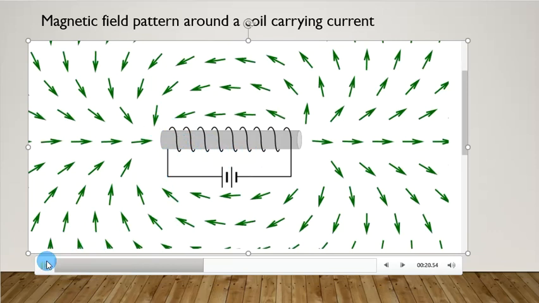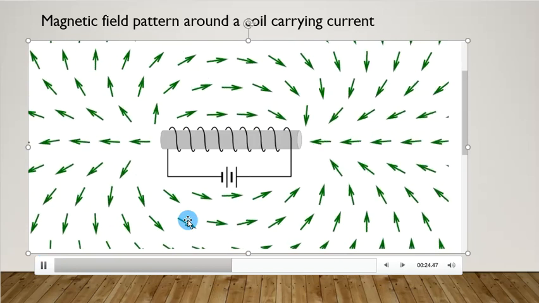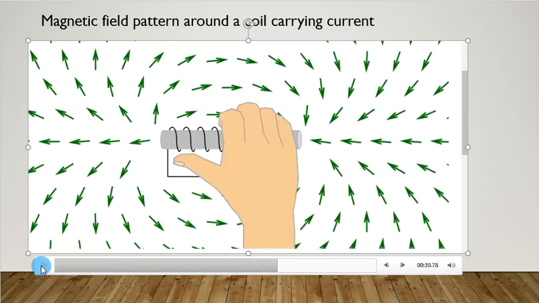When we proceed, we want to look at the grip. So here I'm just demonstrating the changing of poles, so I mean the changing of terminals. So now you can see when we use the right hand grip rule, the thumb actually points in the direction of the north pole of a magnet. This coil is behaving as a magnet.